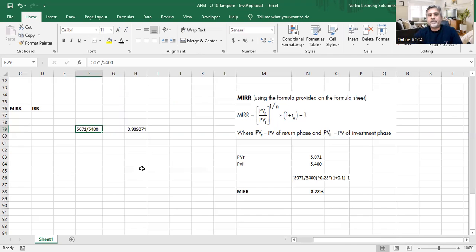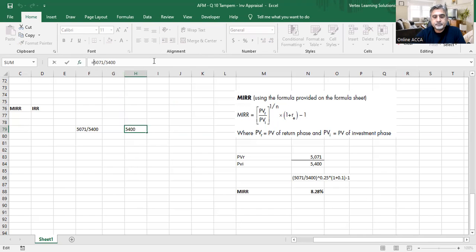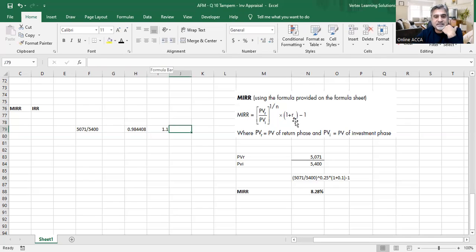So what is annual impact? So for taking annual impact, I take power 0.25. So annual impact is 98%. And if this is 98% and I then multiply it with 1.1, which is my discount factor 1 plus RE, so that gives me actually 1.08. 1.08 is the total.